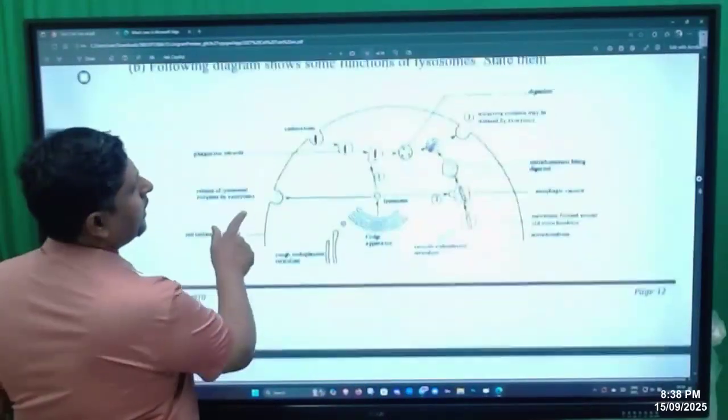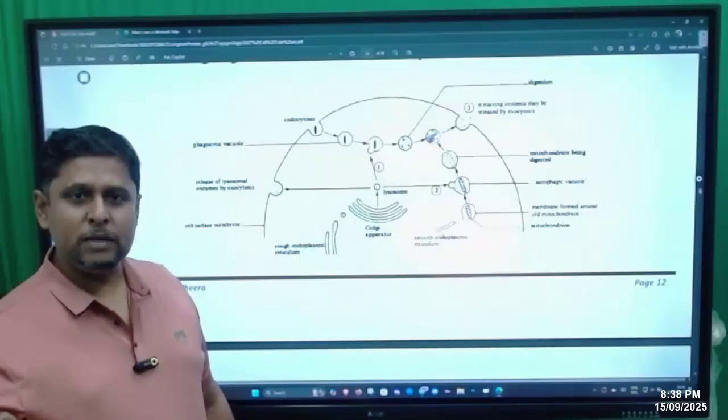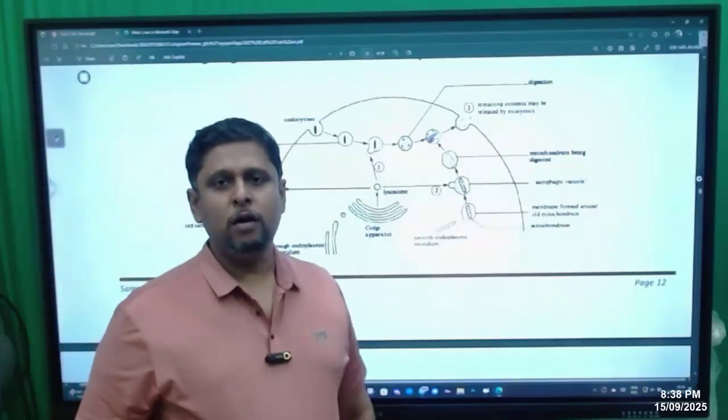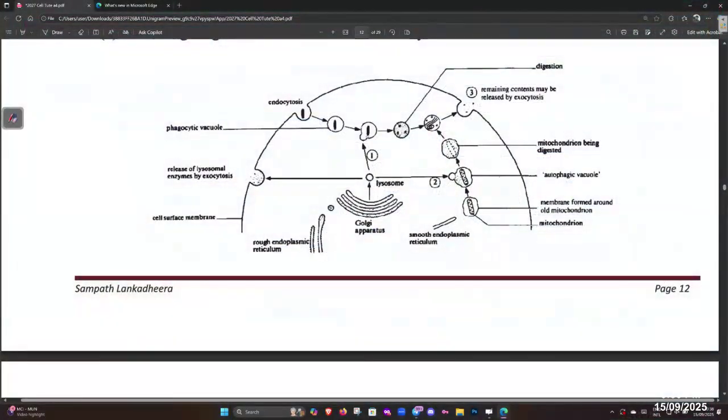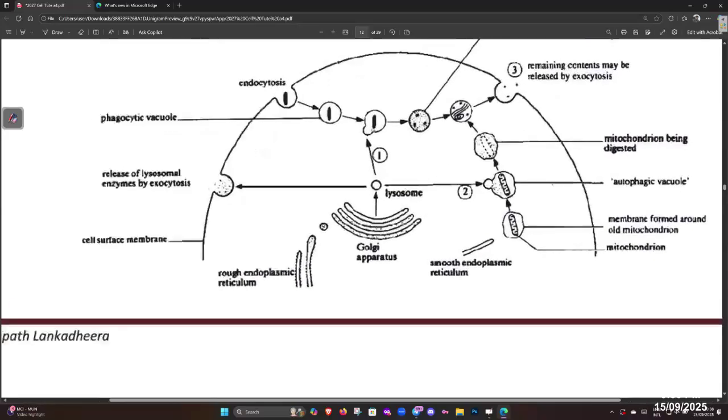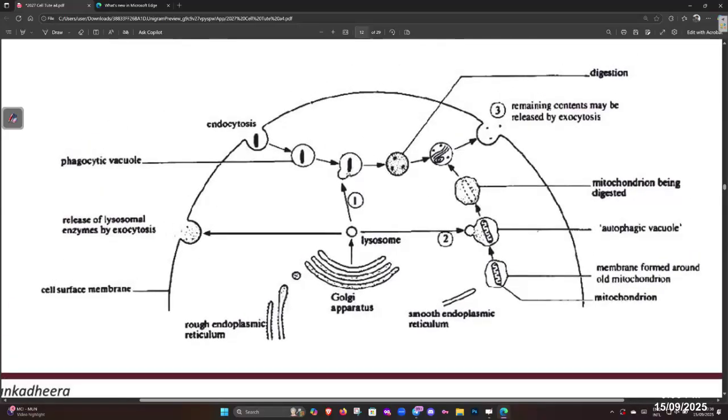All right. So this diagram is showing you some of the events of the lysosome. Some of the functions of the lysosomes are given here in this diagram. Now you have to label 1, 2, 3. They ask what these 1, 2, 3 are.